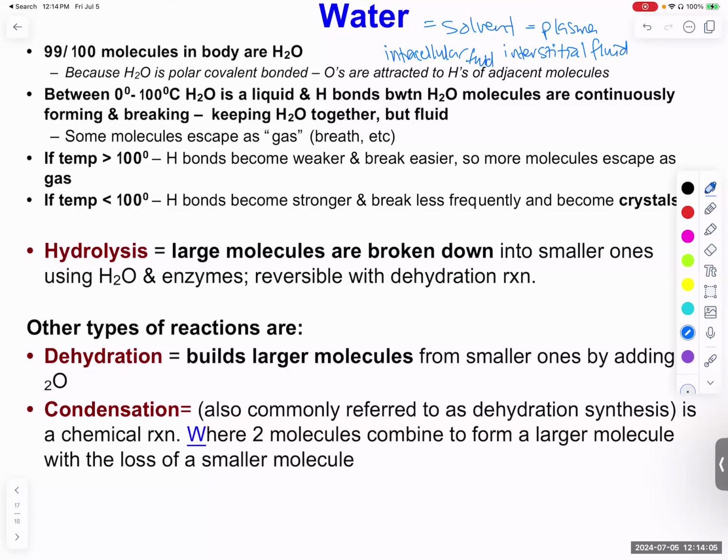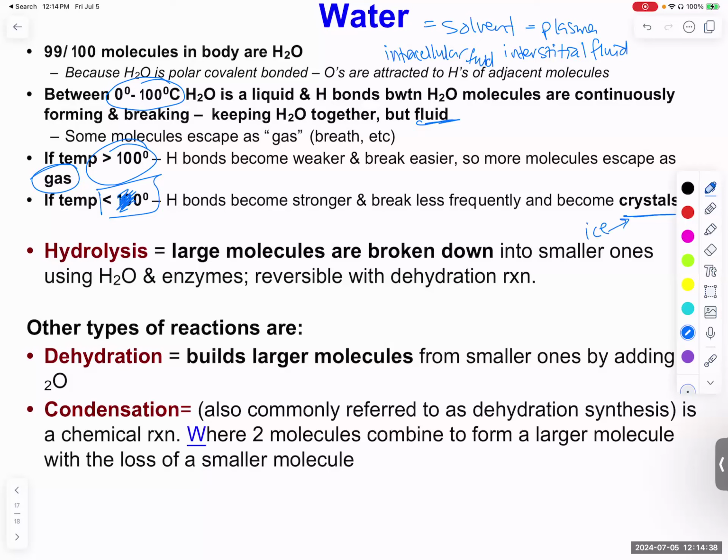They're polar molecules. Between 0 and 100 degrees centigrade it's stable, a fluid. At 100 degrees centigrade the bonds become weak and it starts to become a gas. Below 0, it becomes crystals, and we call that ice.